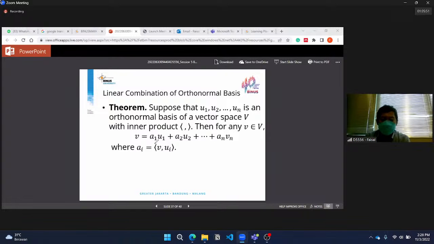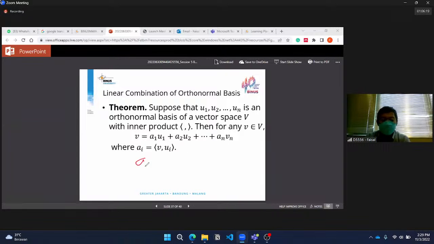So V equals A1 U1 plus A2 U2 plus and so on up to An Un. And what are the scalars A1 to An? The scalars are computed with the inner product between V and Ui.